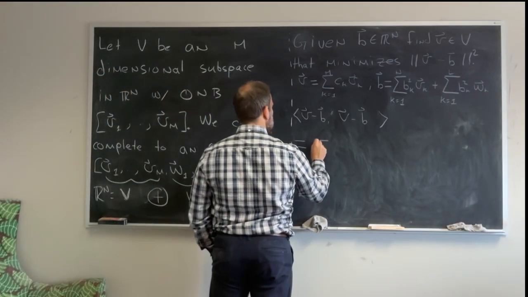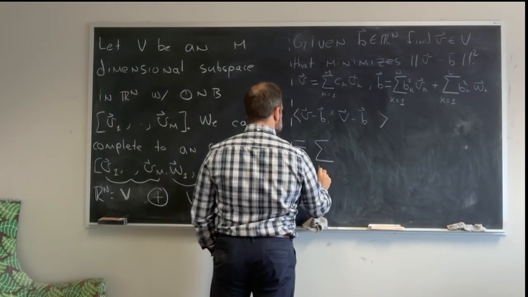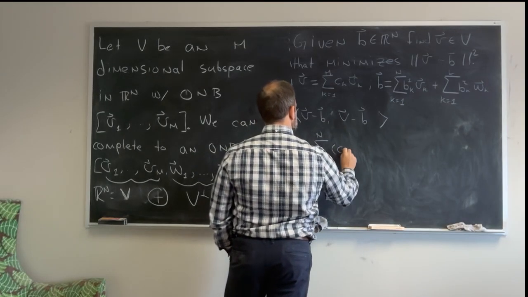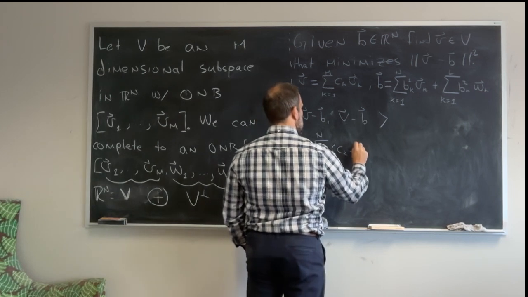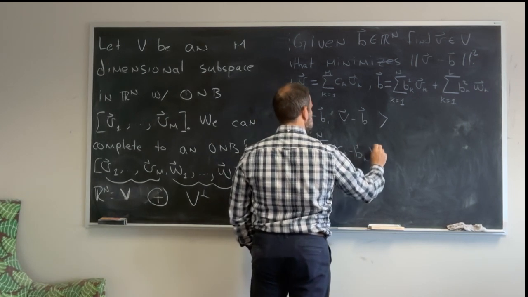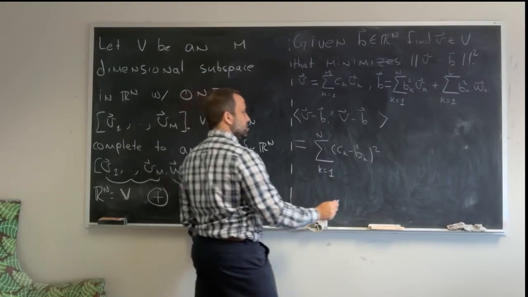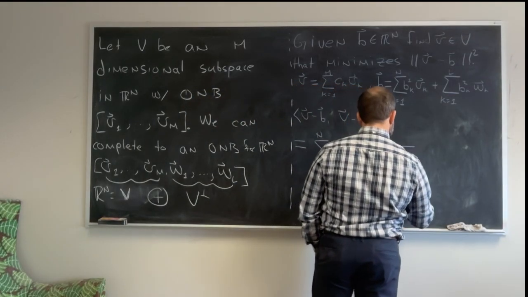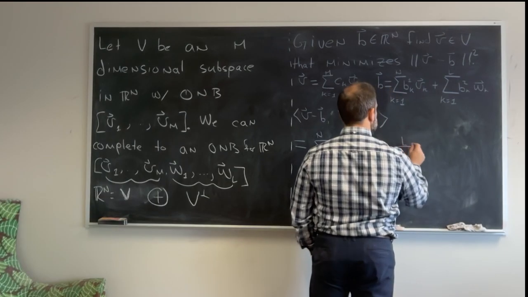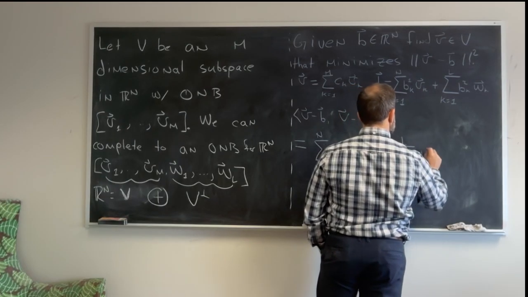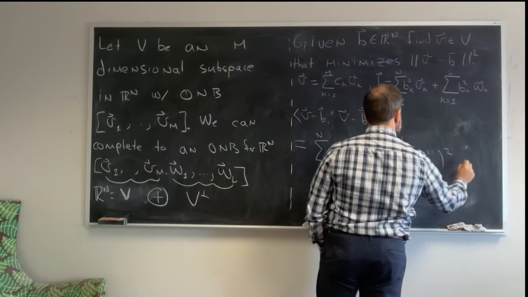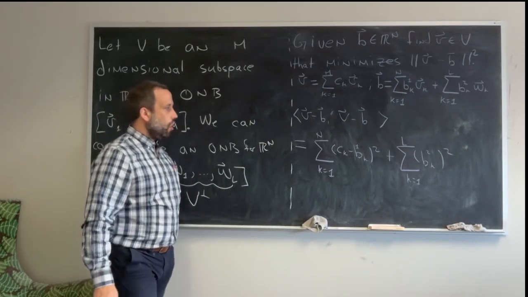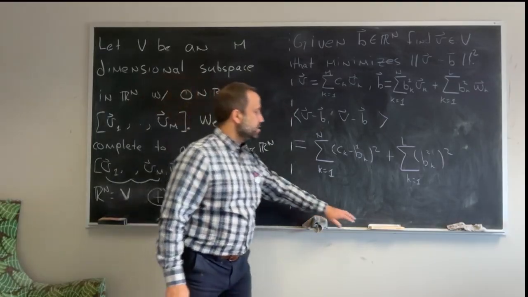and you will see that it is equal to the sum k equals 1 to n of (ck minus bk1) squared, plus the sum k equals 1 to l of (bk2) squared. Now, our goal is to find the ck's that minimize this.